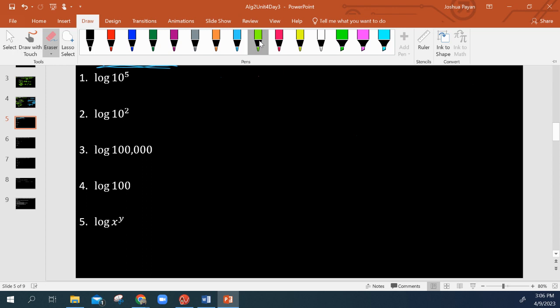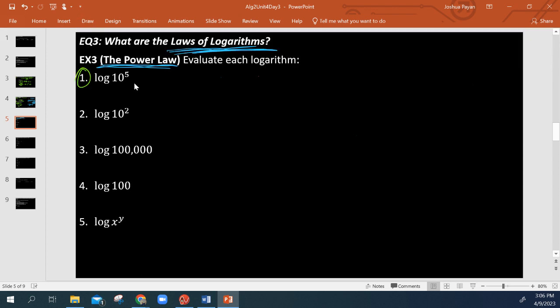So that said, looking at this first example, log base 10 of 10 to the fifth power. Well, we know that's going to be log of 1 followed by one, two, three, four, five zeros. So we need to think, 10 to what power is going to give us 100,000?